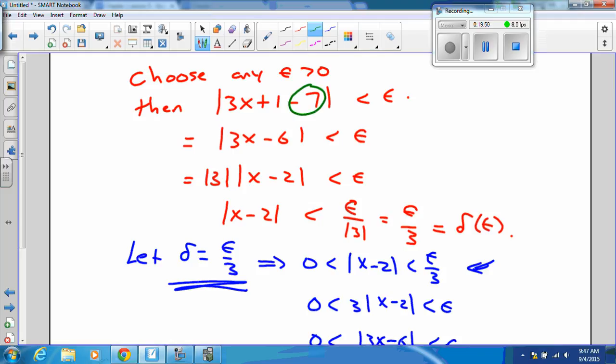It's a little bit involved, but I want to review the steps that we are taking here. First, we found a candidate for the limit using a graph or maybe a table of values.